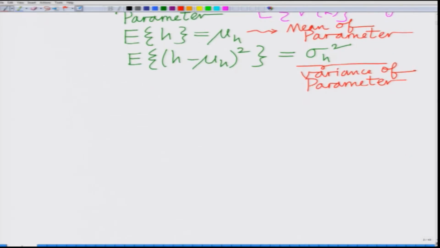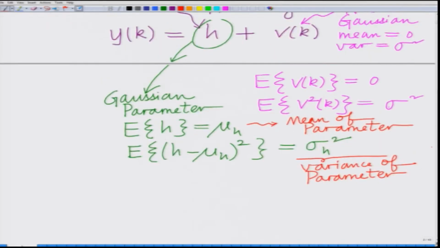So, now we have modeled a single measurement, this y_k, which is your measurement.